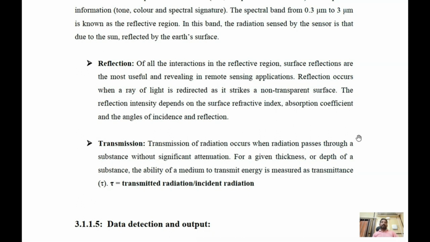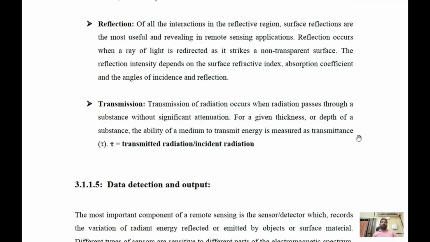Reflection occurs when a ray of light is redirected as it strikes a non-transparent surface. The reflection intensity depends on the surface refractive index, absorption coefficient and the angles of incidence and reflection.